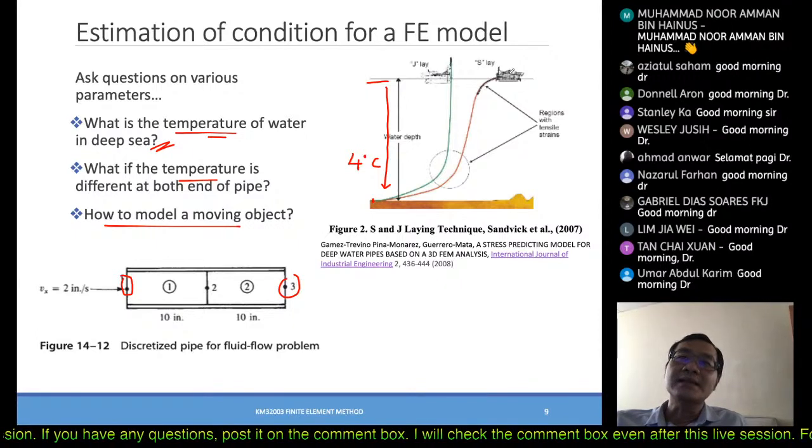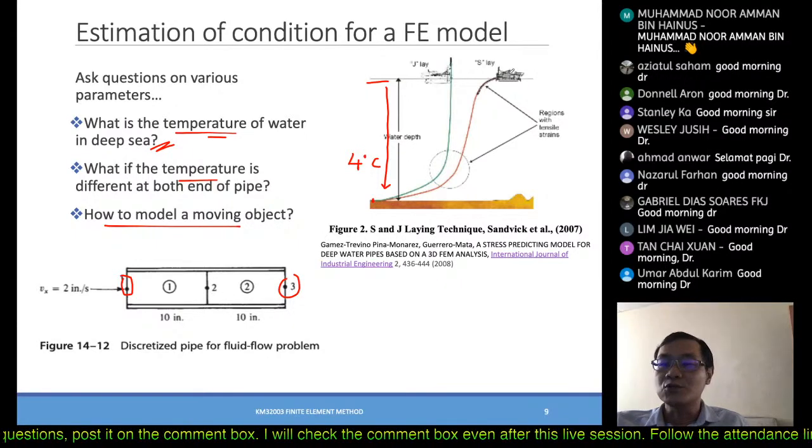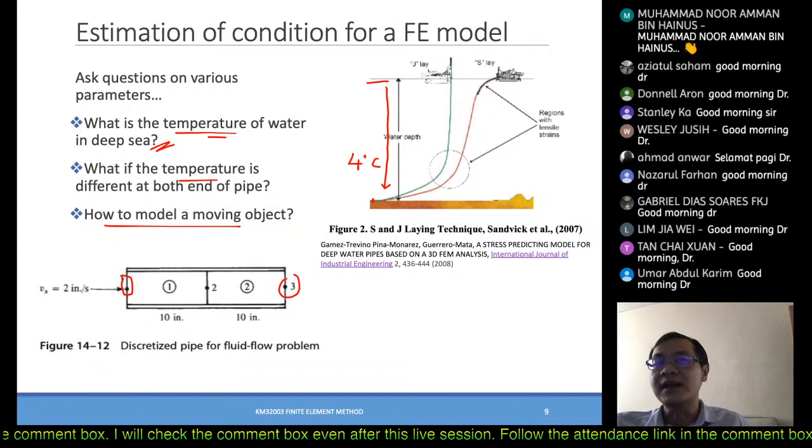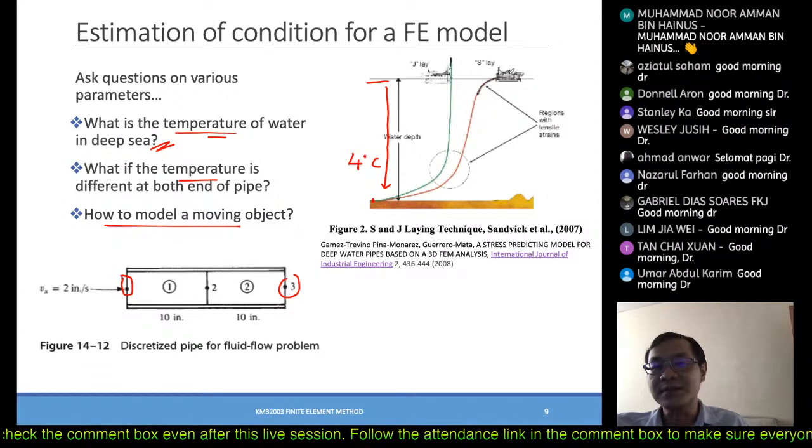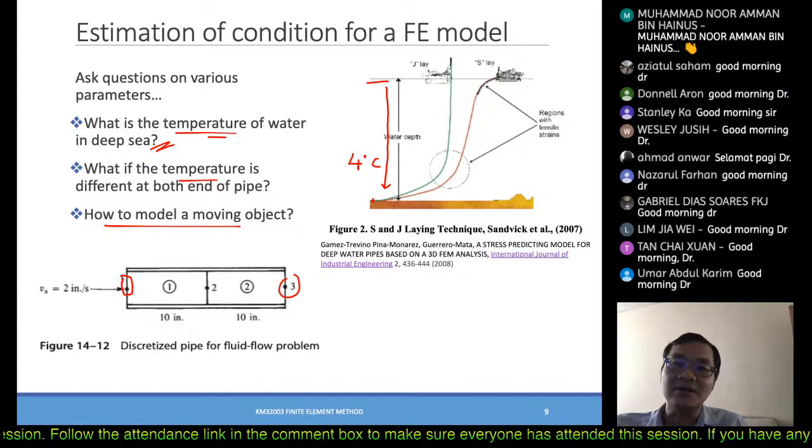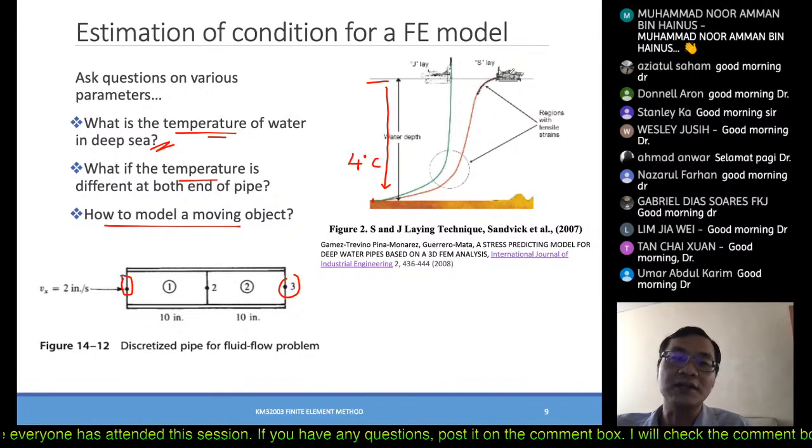Once we get our result, as we know, all this finite element result is just an estimate. Whatever result we get, we still have to validate at the end. Whatever temperature you use is fine, but we have to justify accordingly, right?